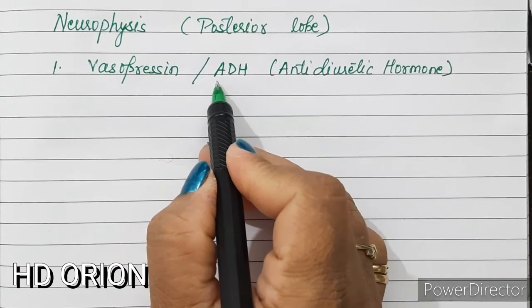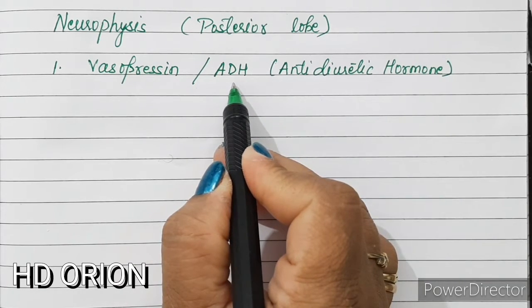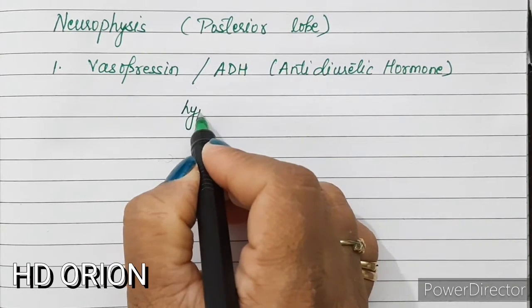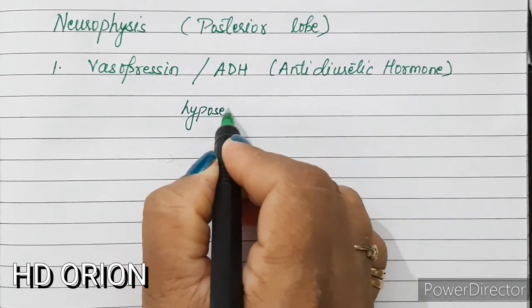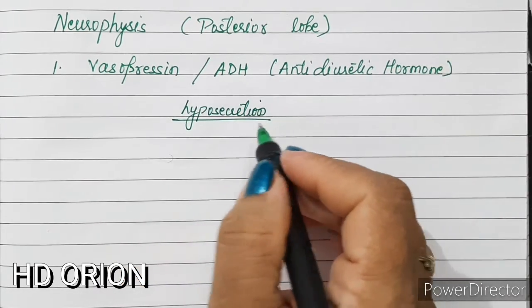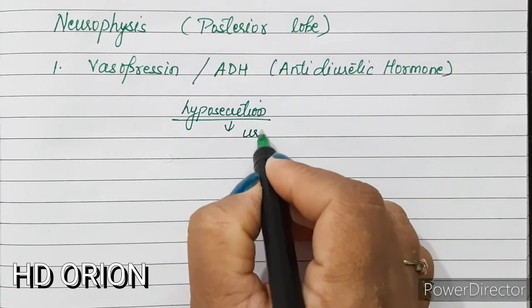So if anti-diuretic hormone is not secreted properly, the water from the renal tubules will not be absorbed properly, and therefore the disorder will be hyposecretion. That means on hyposecretion, a lot of water will be produced in the urine.